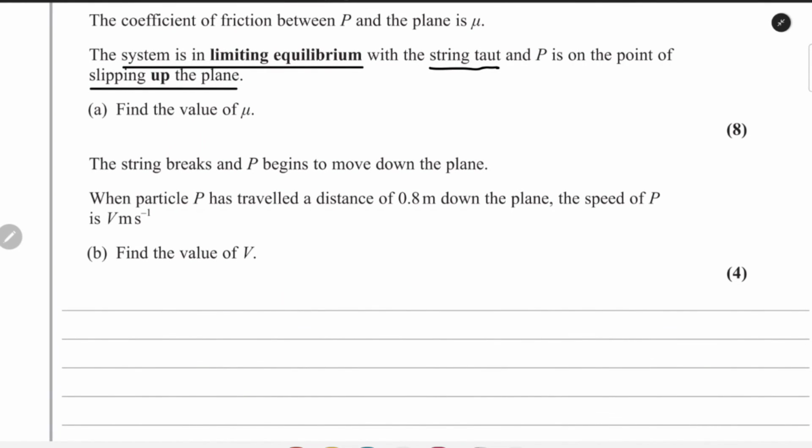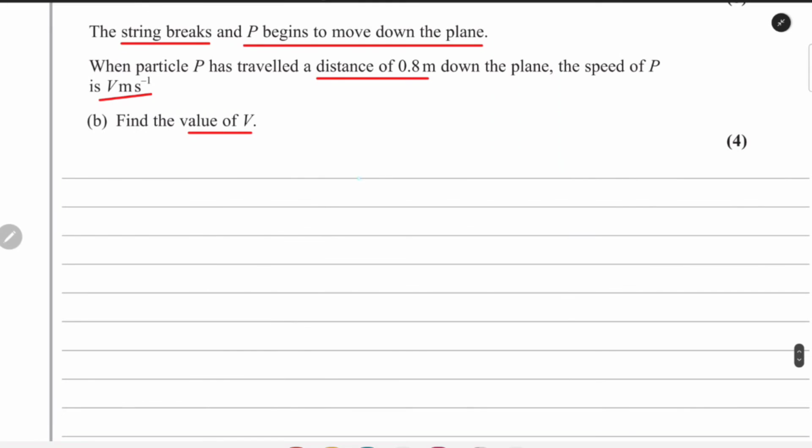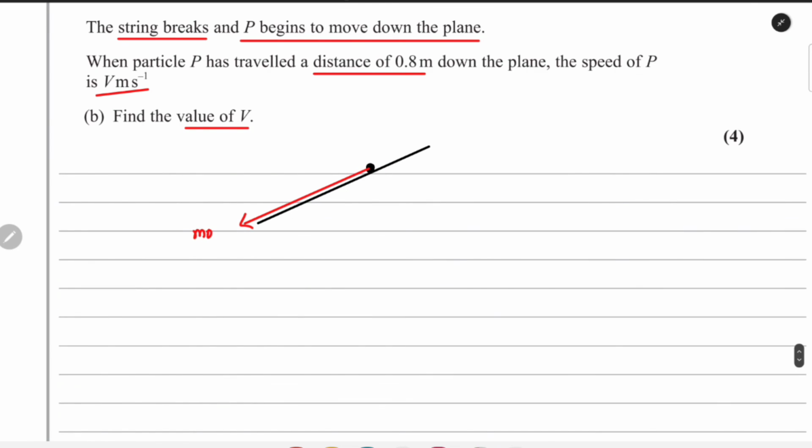Now we are given that the string breaks and now P begins to move down the plane, and when it has traveled a distance of 0.8 meter down, its speed is v, and we have to find this value of v. So if we consider P after the string has broken, it has a downward force mg sin theta. It has a normal reaction force mg cos theta.